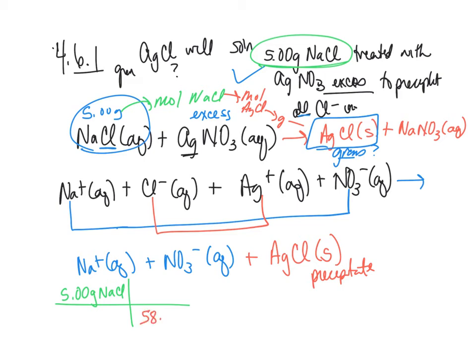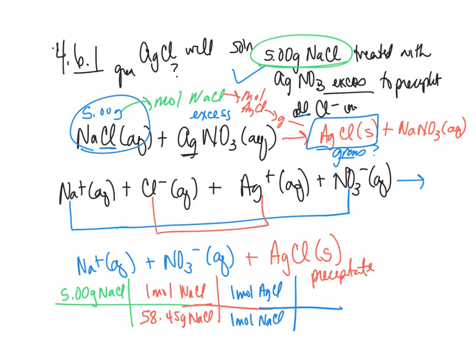I get 58.45 grams of sodium chloride per 1 mole of sodium chloride. Then I can go from 1 mole of sodium chloride to 1 mole of silver chloride. And it asks for what mass. So for 1 mole of silver chloride, how many grams of silver chloride do I get? Well, what's silver? Ag, 107.88. 107.88 plus chloride is 35.45.